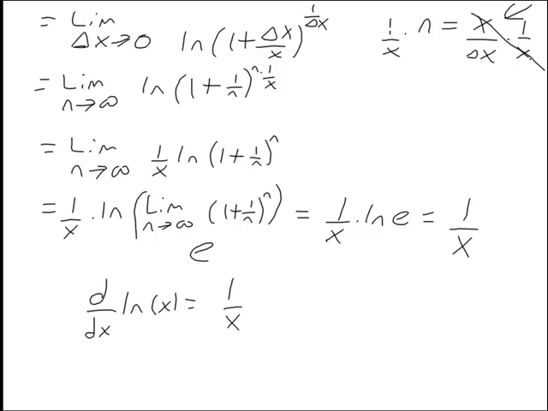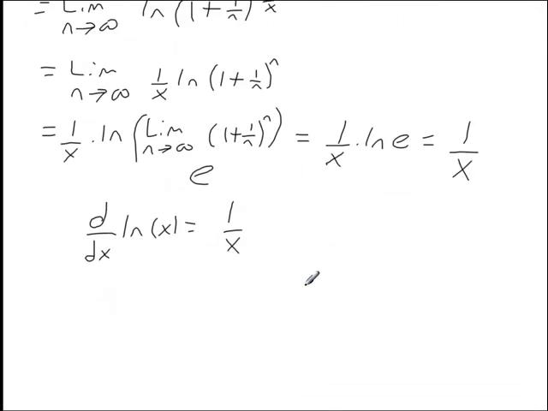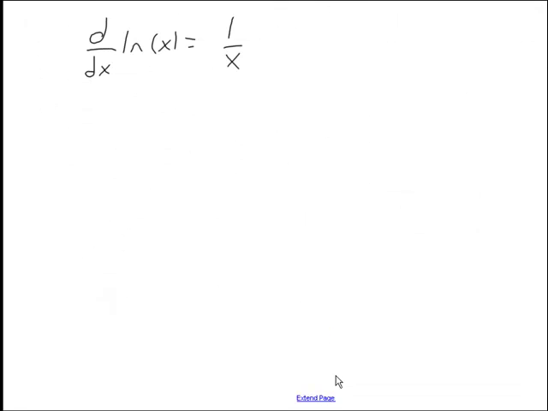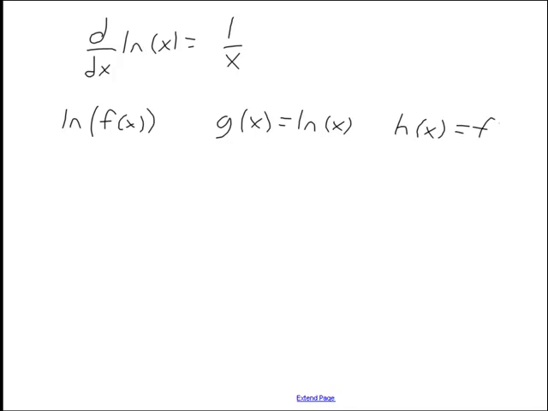Well, what do we do if it's the natural log of some function of x? We can just use the chain rule then. So if we have the natural log of some function of x, let's use our chain rule and say that our outer function g of x will be natural log of x, and our inner function h of x will equal the inside, f of x.